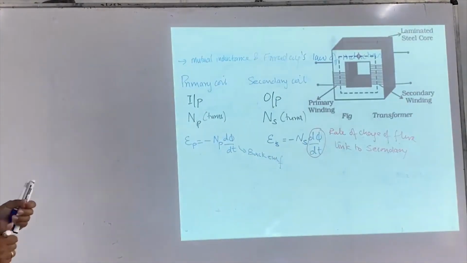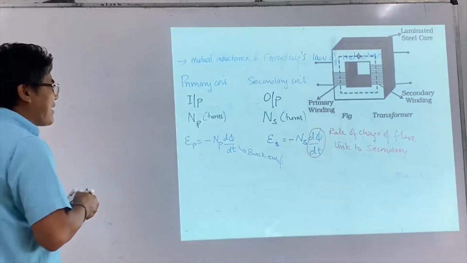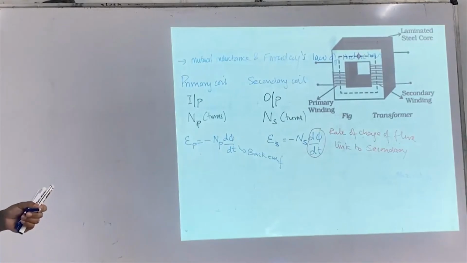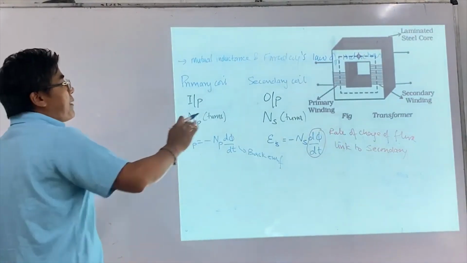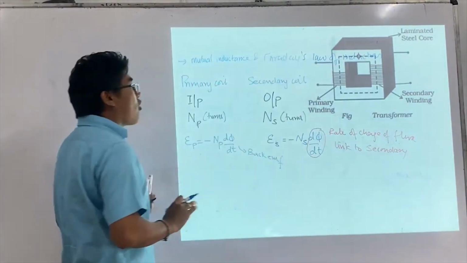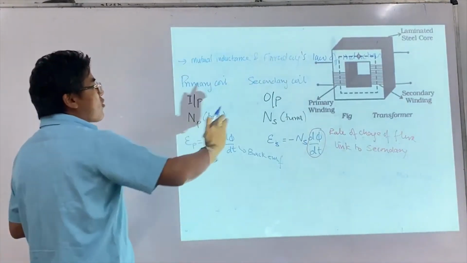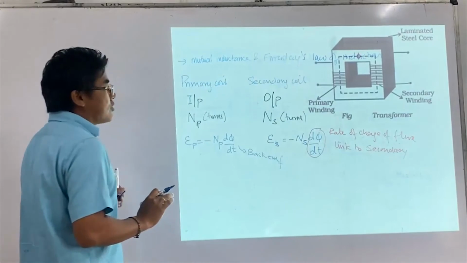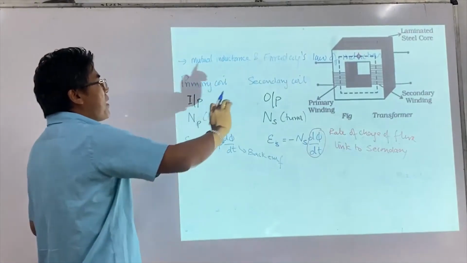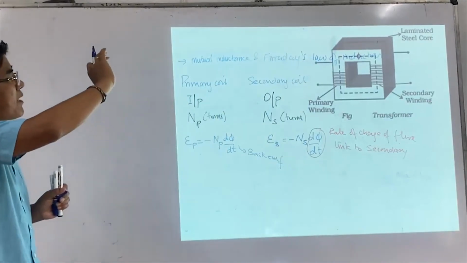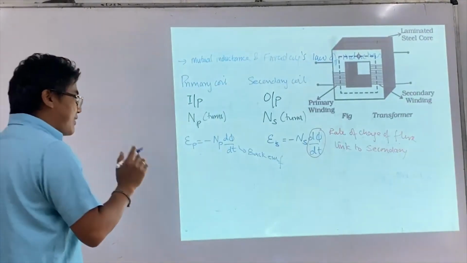All right, having said that, look at here. One approximation that I'm going to make is that the resistance of the primary coil is very small, and the current in the primary coil is small.